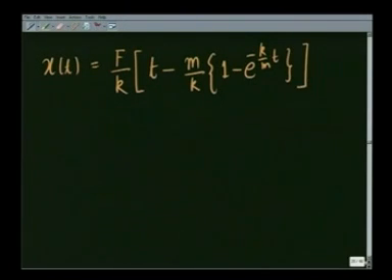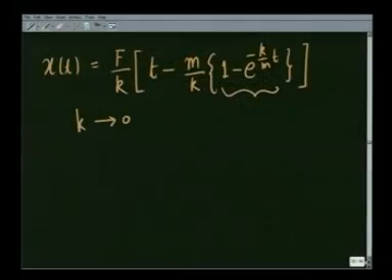So, first question I ask is, what happens if K goes to 0? Remember, I said earlier you have to be careful in taking limits. So, I am going to expand this term, keep terms up to order K and see what happens.